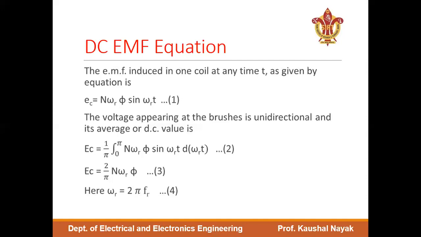The voltage appearing at the brushes is unidirectional, and its average or DC value can be calculated by integrating over a half cycle of the rectified waveform and averaging it over the same cycle.